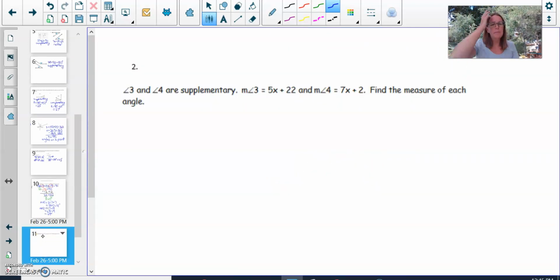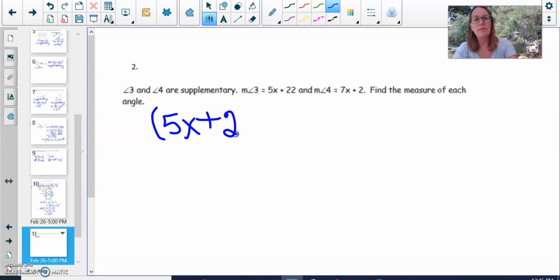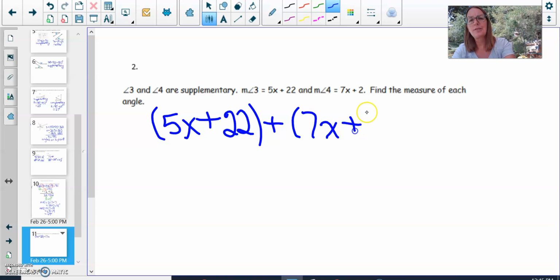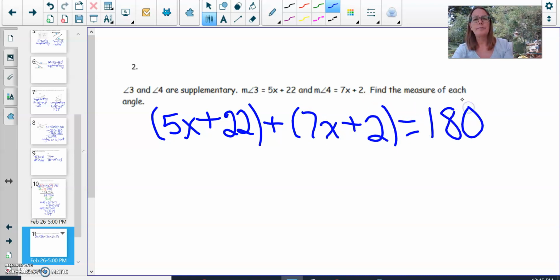Okay, our next example, angle 3 and angle 4 are supplementary. The measure of angle 3 is 5x plus 22, and the measure of angle 4 equals 7x plus 2. Find the measure of each angle. Because they're supplementary, when I add together 5x plus 22 plus 7x plus 2, I get a total of 180.